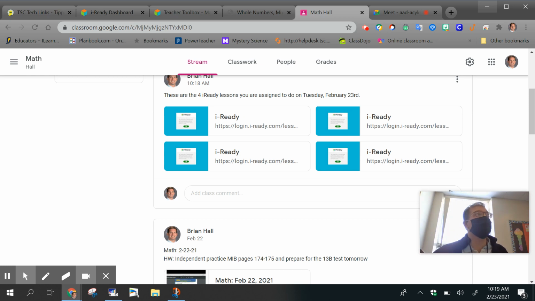Now, remember, when you're doing this, it will not advance you once you get to the end. It'll either freeze up or have a black screen. If you look at the bottom bar, when that bar is full, then you'll hit X, go back to the classroom, and select another one. Any question about what you're doing today in math?